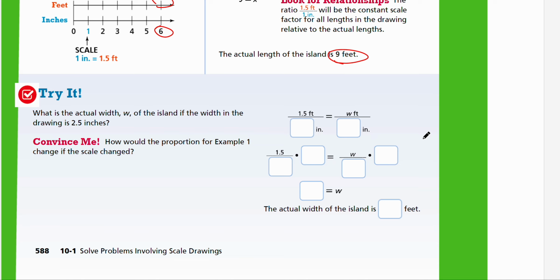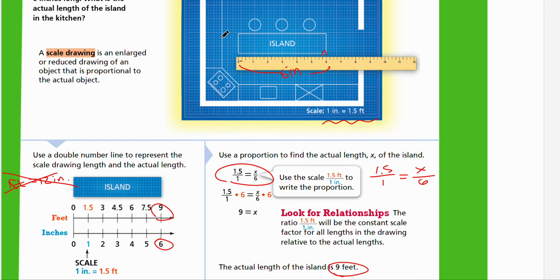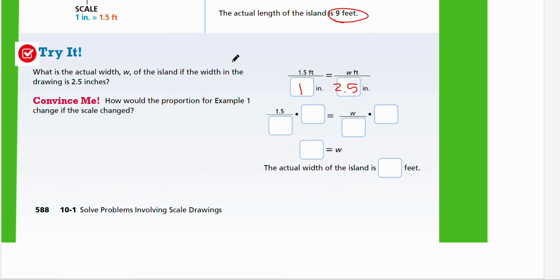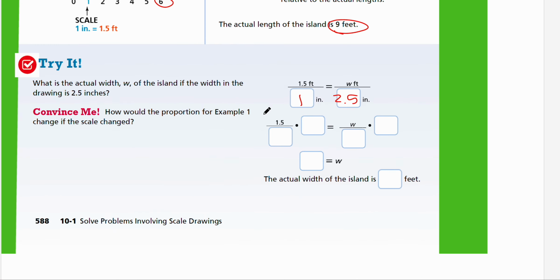Okay, are you ready? So what is the proportion that you set up? 1.5 feet represents what? 1 inch. It's the same scale. And so we're trying to find W, the width, when it's 2.5 inches because in the drawing, it's going to be 2.5 inches. And so actually, in real life, we can use this scale to figure out the actual width in real life, right?